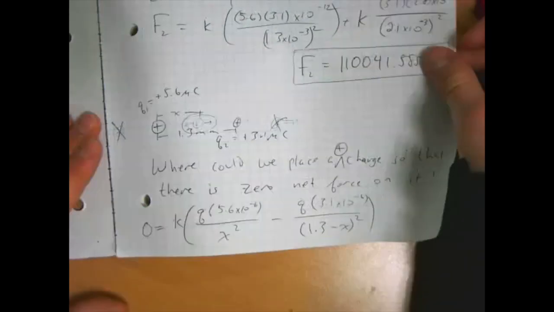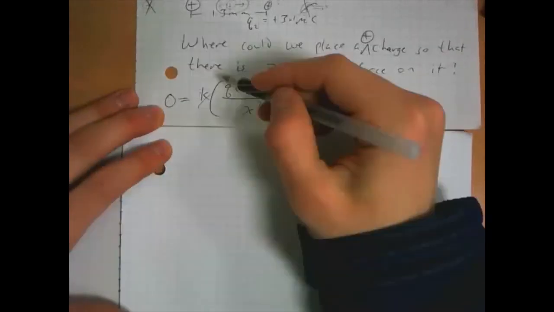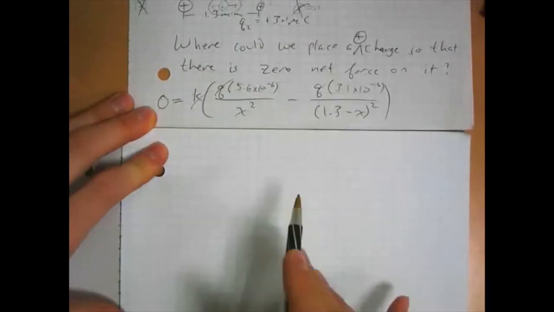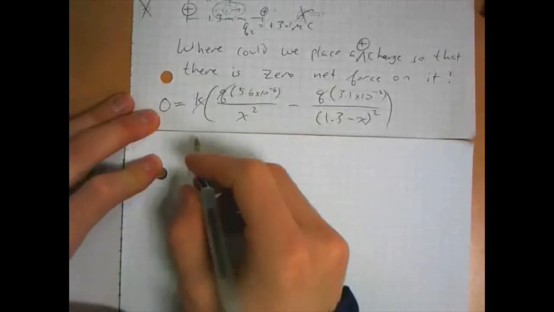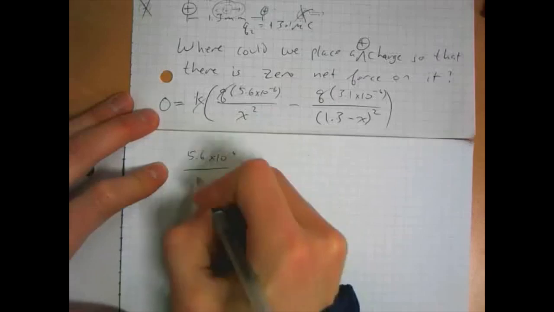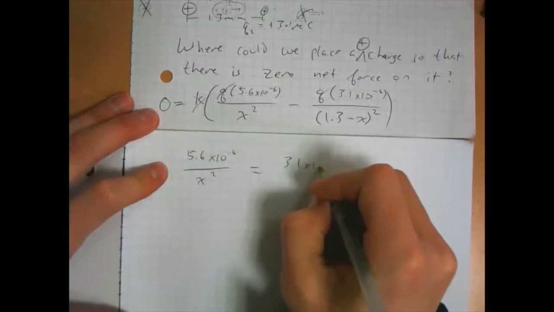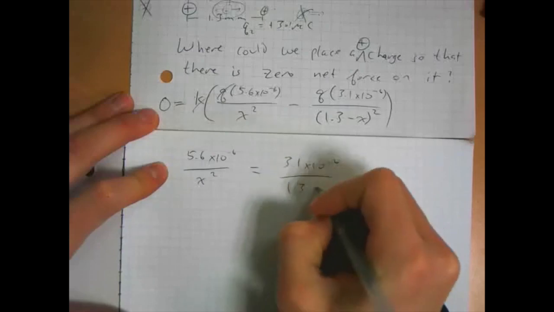So this is a little bit complicated, but it's just an exercise in algebra. We can get rid of the K because it doesn't matter. We can get rid of this charge because it doesn't matter. And we're left with, if we move stuff around a little bit, 5.6 times 10 to the minus 6 over X squared equals 3.1 times 10 to the minus 6 over 1.3 minus X squared.